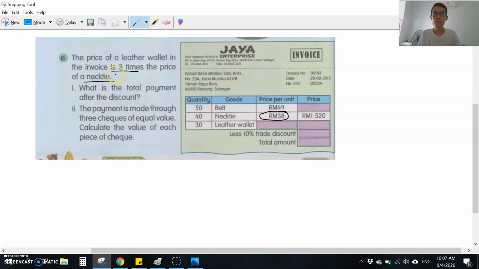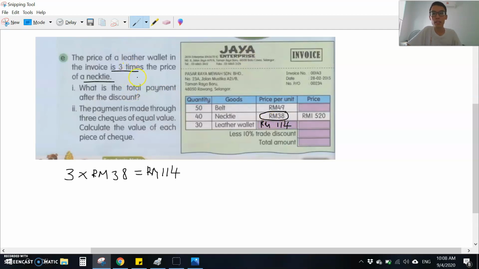So you have to use 3 times 38 ringgit to find out the price of the wallet. 3 times 38, you should get 114. So the price of a wallet is 114.